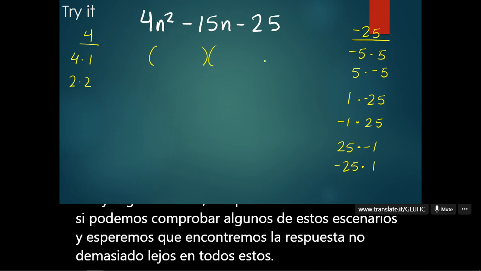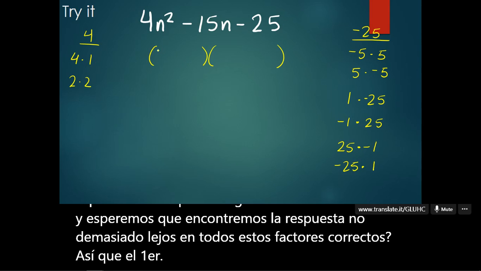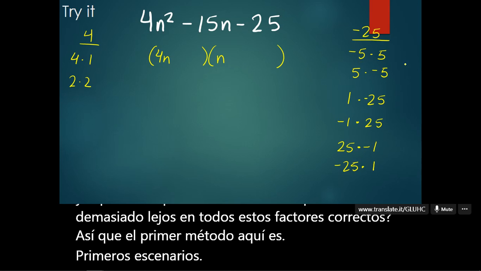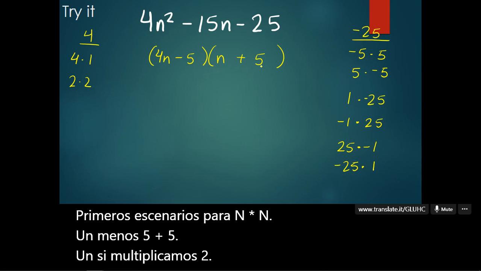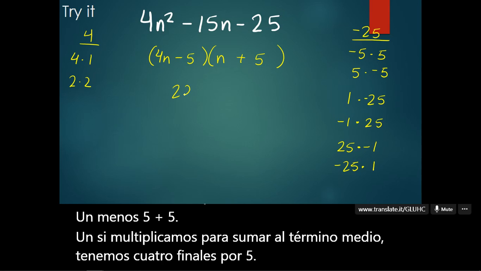All right, so the first scenario is 4n times n and negative 5 plus 5. If we multiply to add up to the middle term, we have 4n times 5 is 20n, and negative 5 times n is negative 5n.